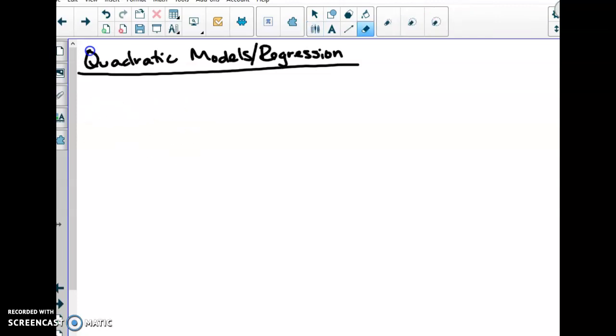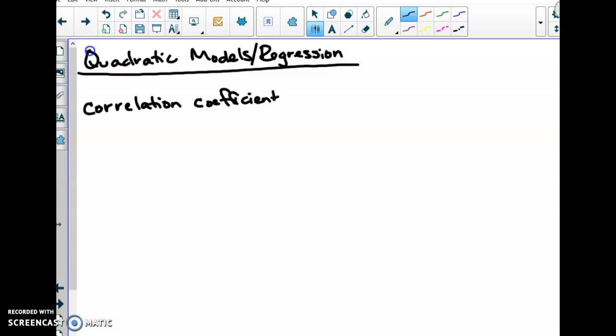Sorry, I should write that a little bit bigger. Now, a correlation coefficient. This is an R value in which it's going to tell you how likely the data will fit a curve.